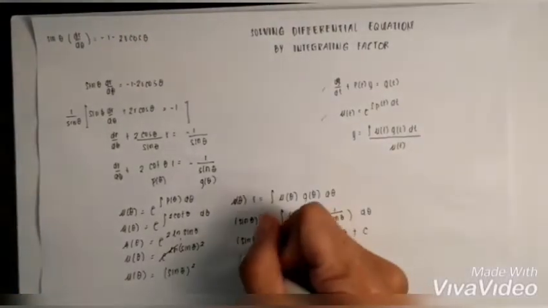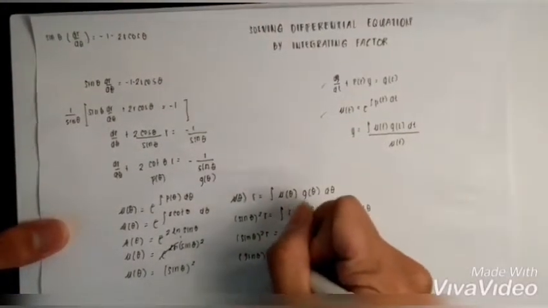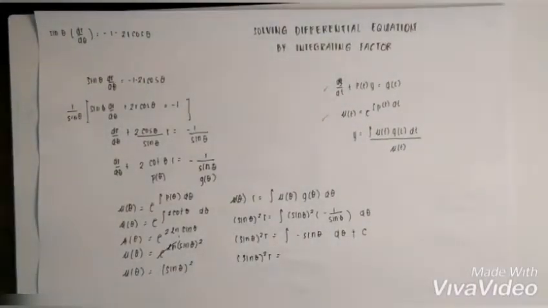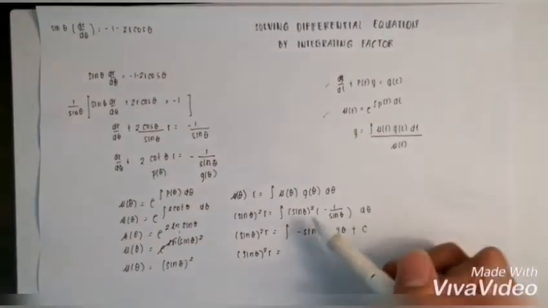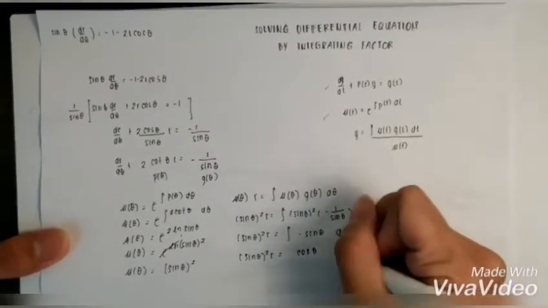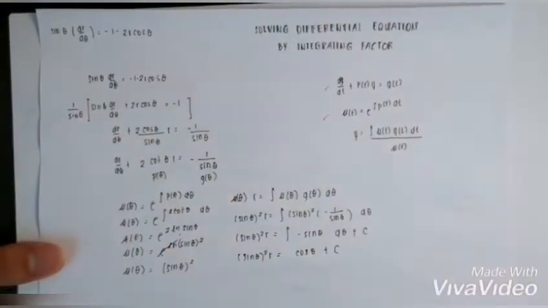Okay, so now we have sine theta squared r equal to integral of negative sine theta. So the integral of sine theta is negative cos theta. So since may negative na tayo, magiging positive na yung function. So we're going to have cos theta plus c, no?